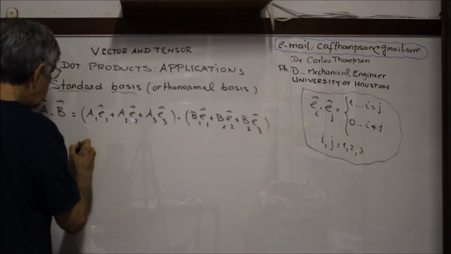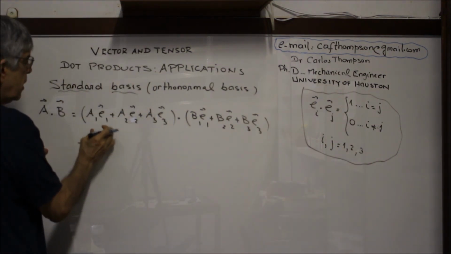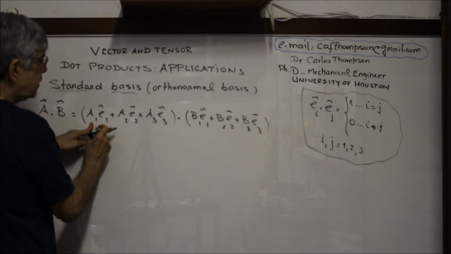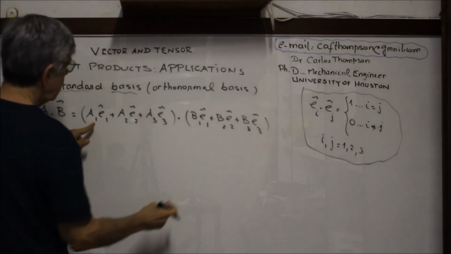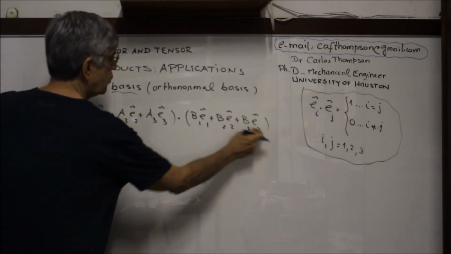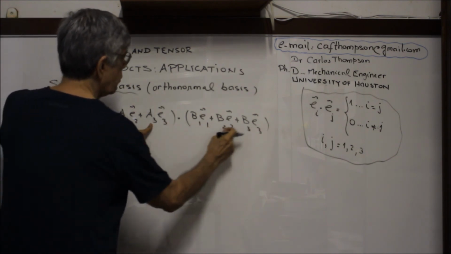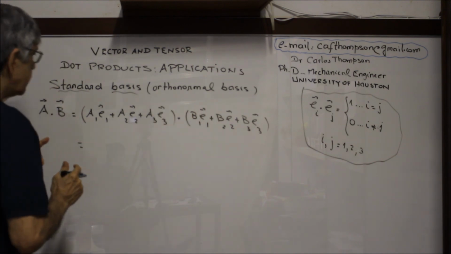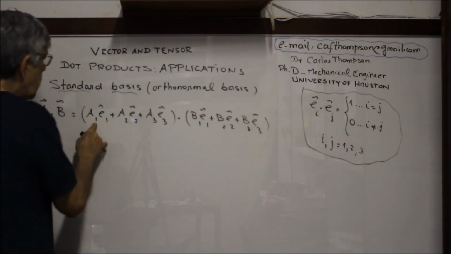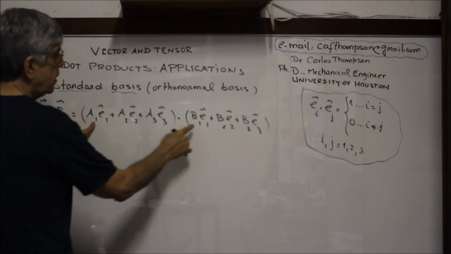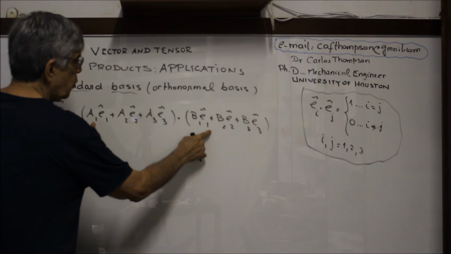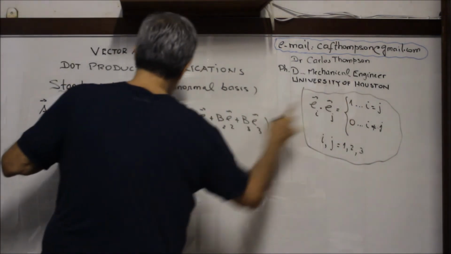So we have here 9 terms. These will be 1, 2, 3, plus these 1, 2, 3, plus these 1, 2, 3. So we have 9 terms here. But you see, A1 E1 dot B1 E1. So E1 dot E1, you see, it will be 1.